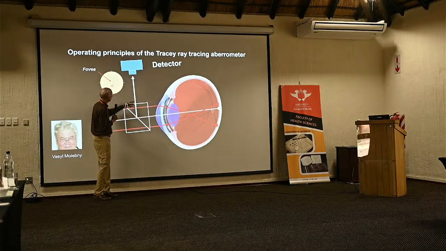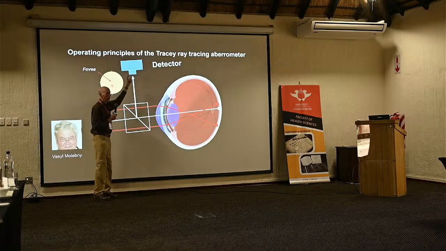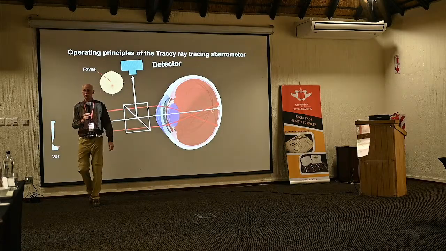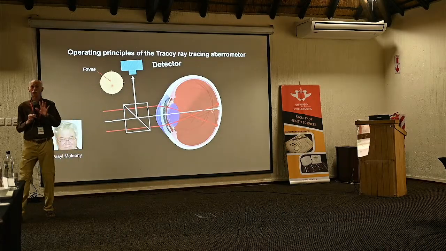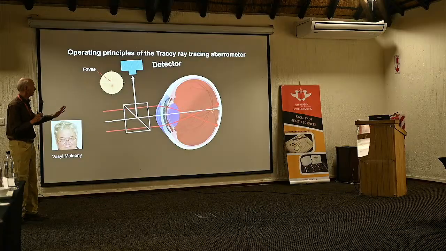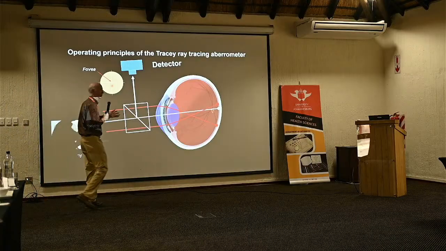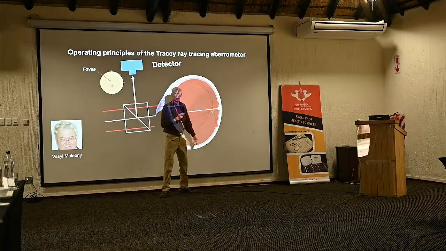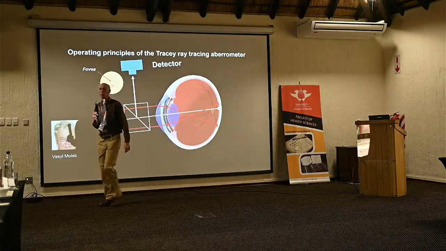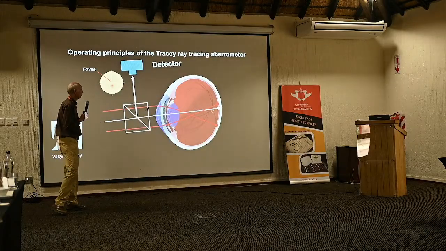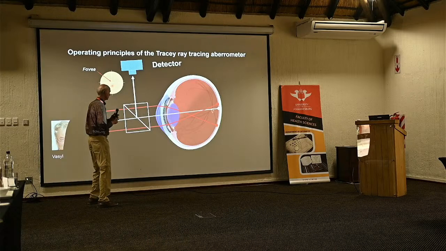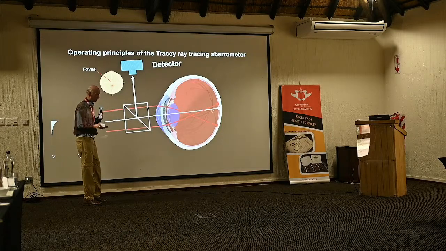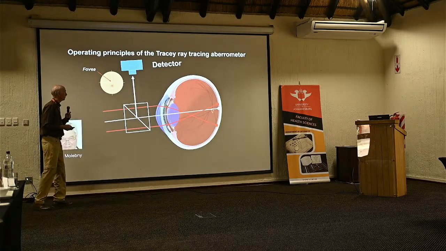He lets the light come back out through a beam splitter, and he puts a fundus camera up there, a detector, a camera that's focused on the retina. And that camera can see that there are two spots, because there's the reference spot and there's the displaced spot. And it needs to know the angle between those two, because that is, as we said yesterday, the slope of the wavefront error function.